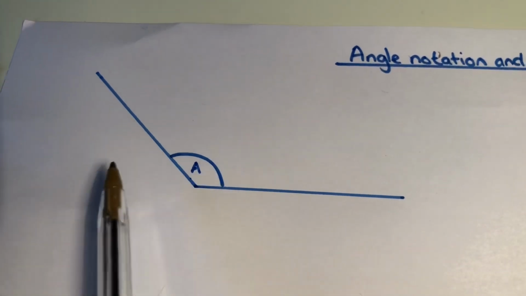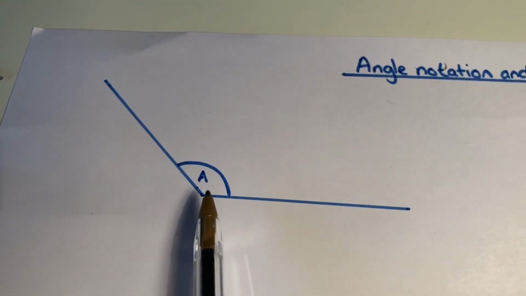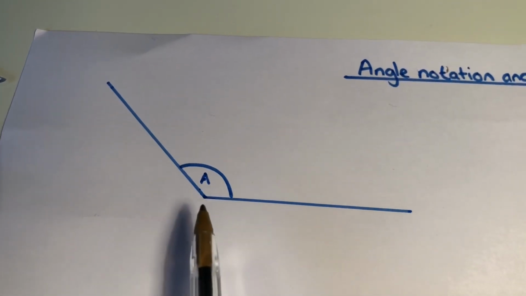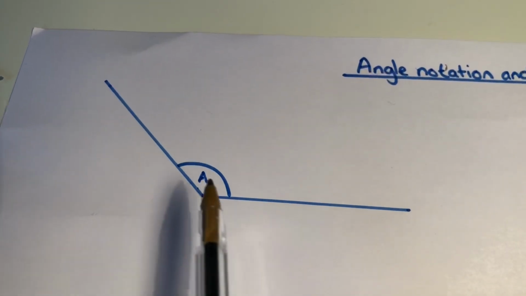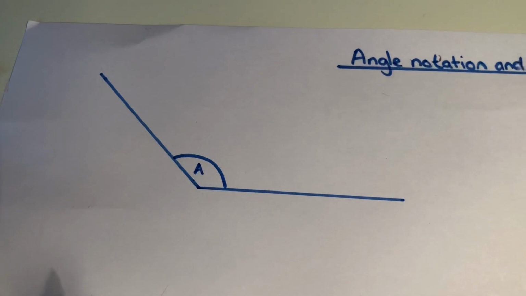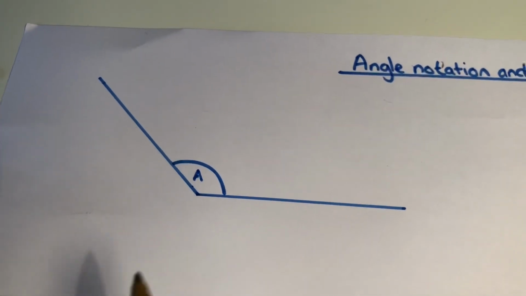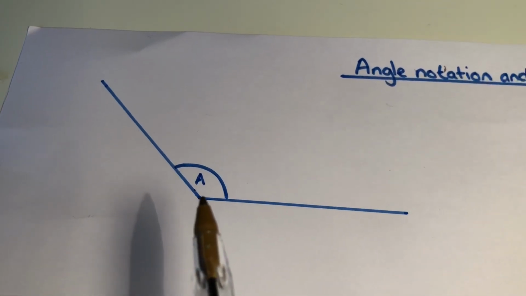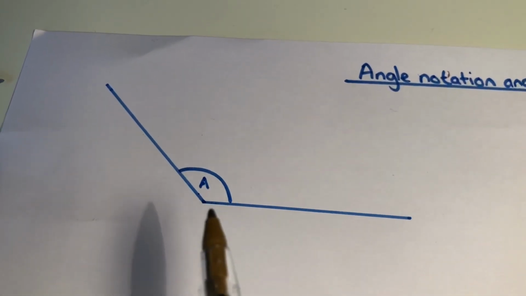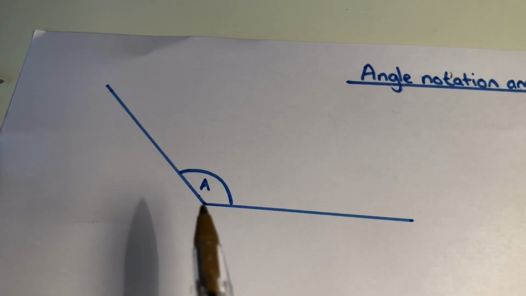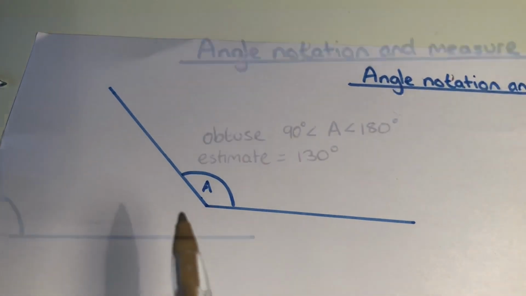So that means that this will measure somewhere between 90 degrees and 180. So maybe something like 130 degrees. And this will help us then, when we actually measure the angle, to see that we should be getting somewhere around that estimation, between 90 certainly and 180.